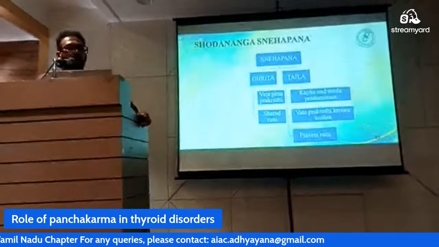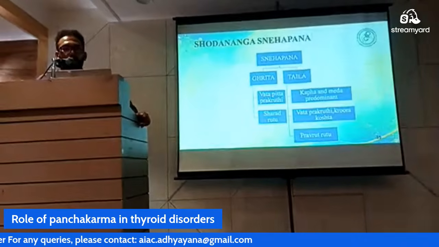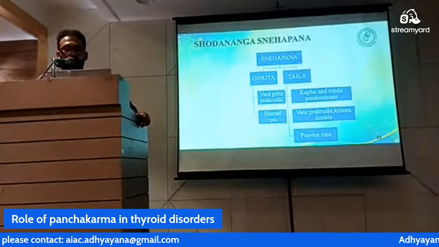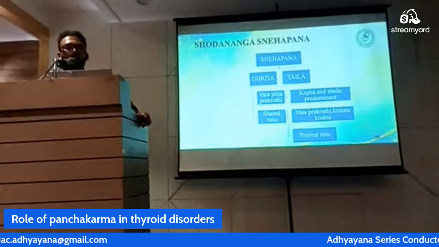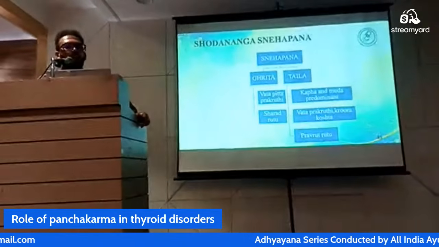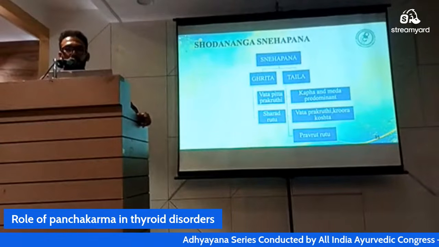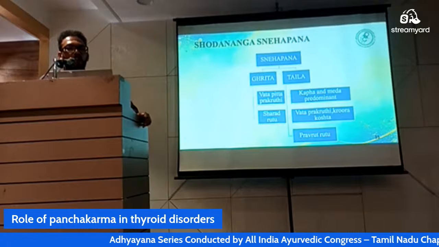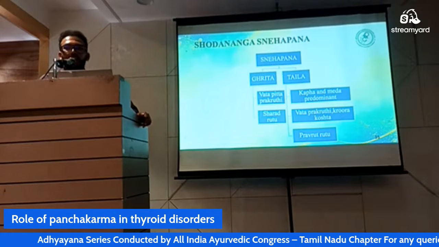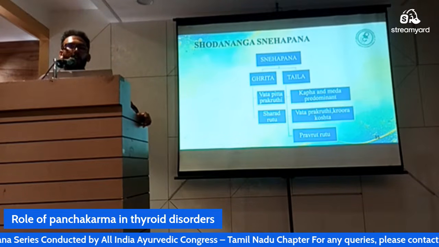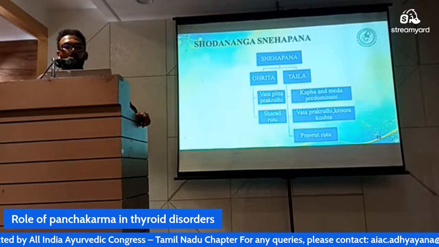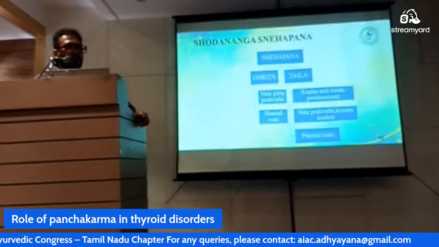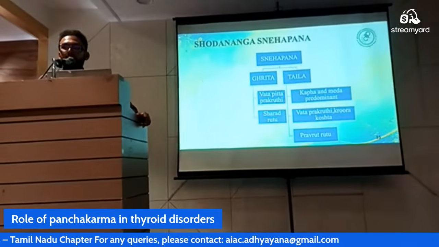Next, once Samyak Rukshana is attained, we have to go for Shodhananga Snehapana. For selection of Sneha, we can go for either Ghrita or Taila. Vasa and Majja are not commonly practiced and are very hard to give. So how to select Ghrita and Taila? Ghrita is indicated for Vata-Pitta Prakriti persons, and in Sharad Ritu you can go for Ghrita.